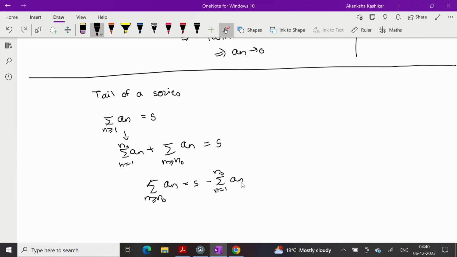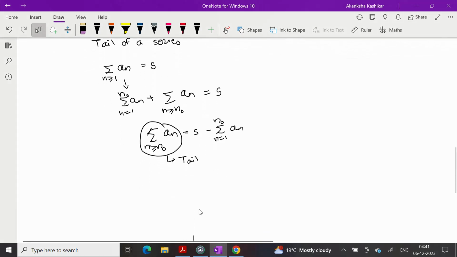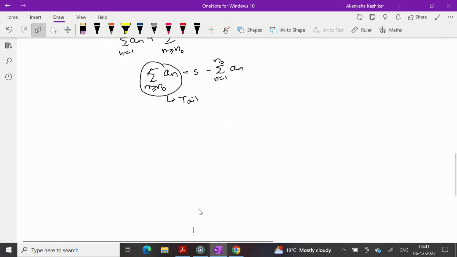Okay, so this part, summation n greater than or equal to n naught an, is known as the tail of a series. And we are now going to show that this tail of a series converges to 0.